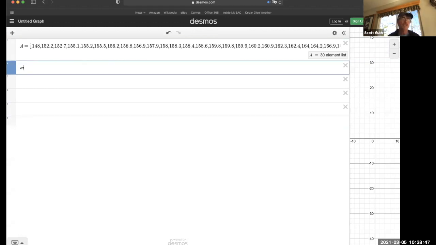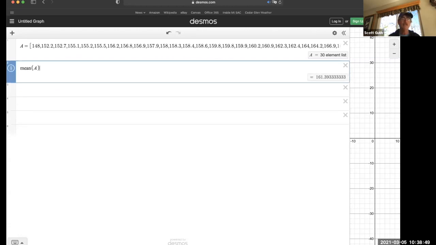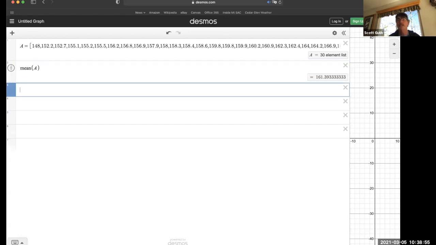And then if you want the mean, you say mean of A, like that. And it gives the 161.39, which is what we got. Again, I want you to keep 2 places after the decimal, and I'll give you a rule for this in just a second. Just type the word mean and then A in parentheses, no spaces. Okay, any questions?